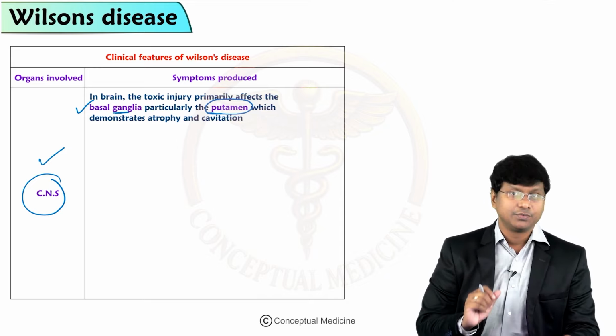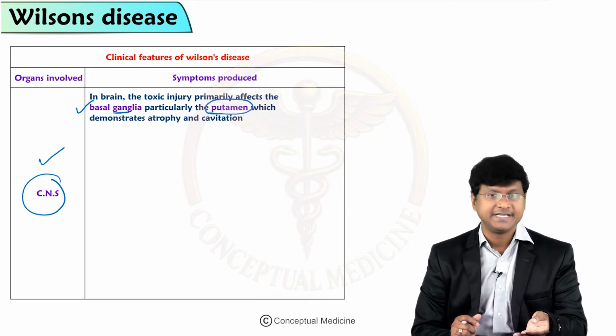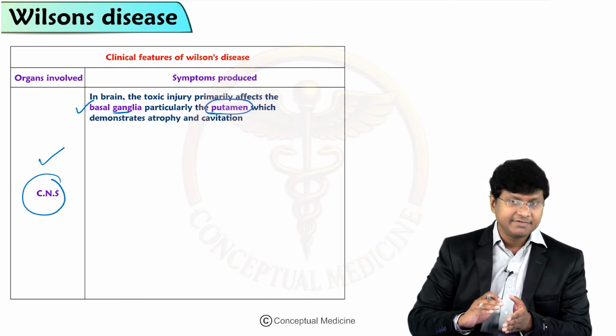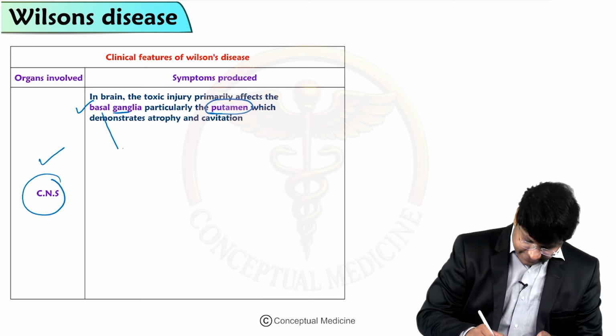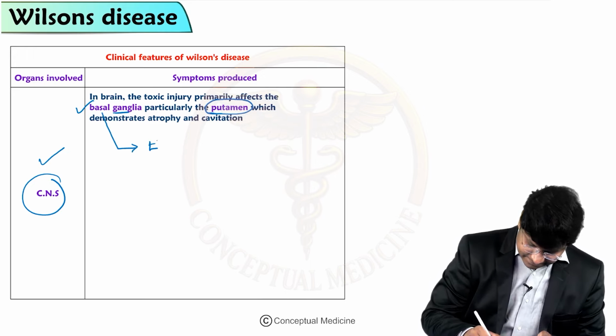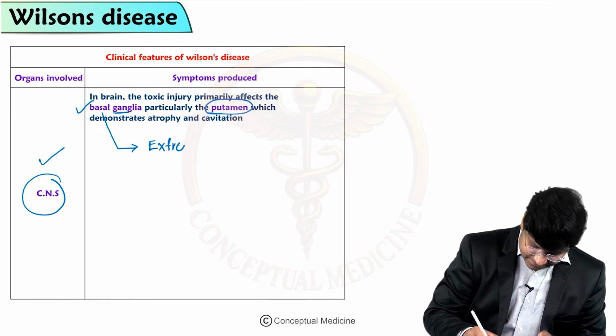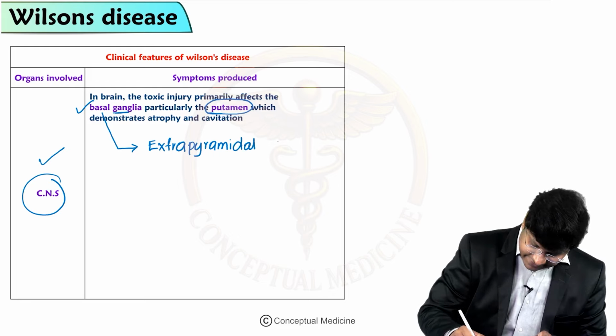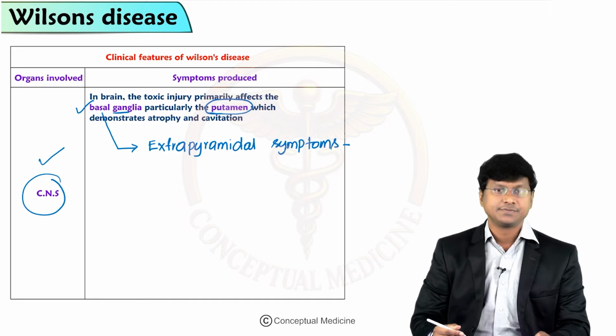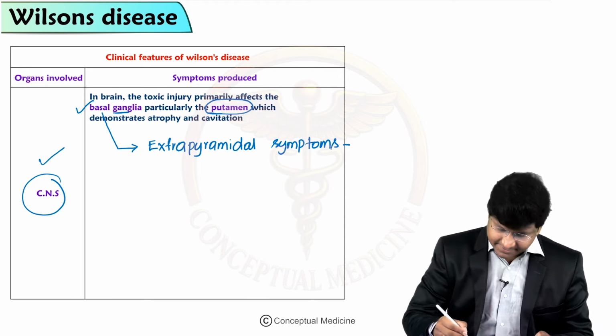Okay. Now, because of the involvement of the basal ganglia, there is development of extrapyramidal symptoms. And what are these extrapyramidal symptoms?